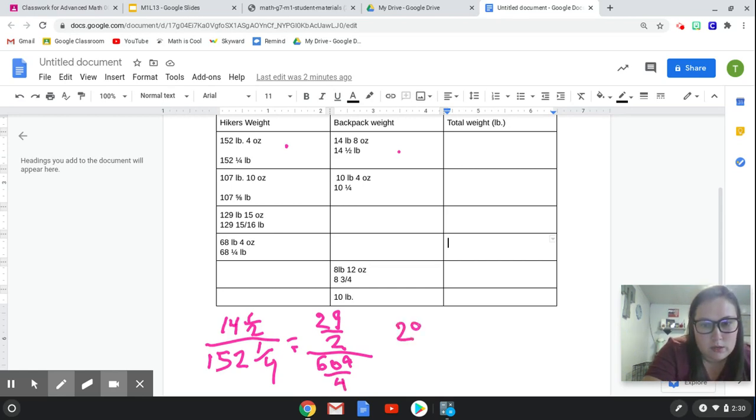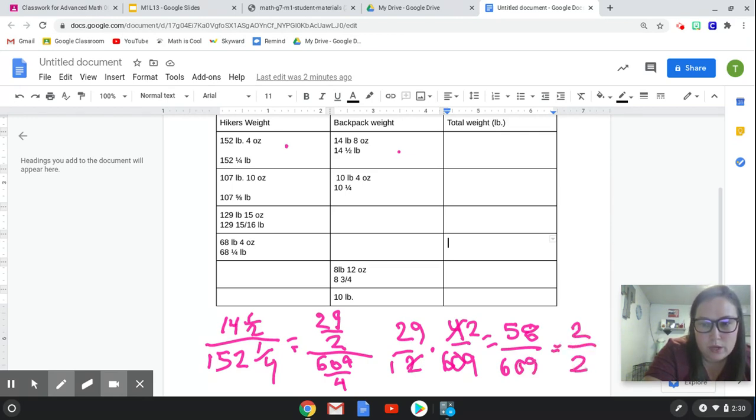So 29/2 times 4/609. That's going to become a 1. That's going to become a 2. So I am left with 58/609, which reduces down to 2/21. You're going to want to go ahead and check that with the second one as well. So I'm going to pause and go ahead and do that, and then we'll compare.